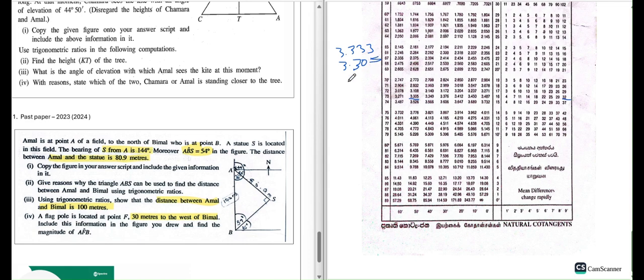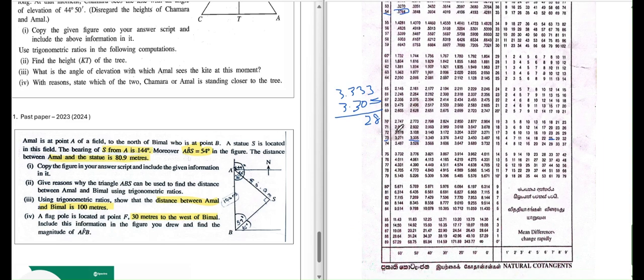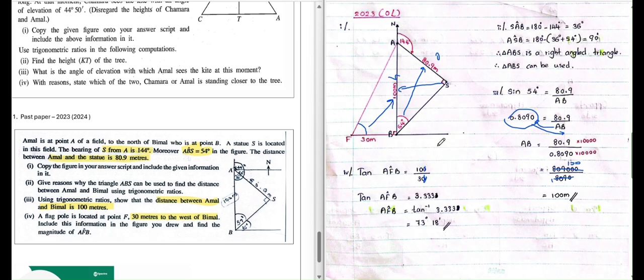Okay, so then as we did in the first question, we had to get the difference. So here it is 8 and 2, then 0, 0. So 28 is the difference. So from here we can find 28. So 73 degrees and 18 minutes. Okay, so that is how we will find tan inverse.